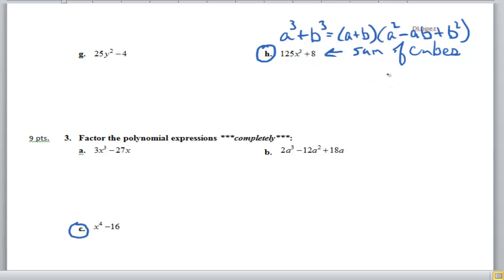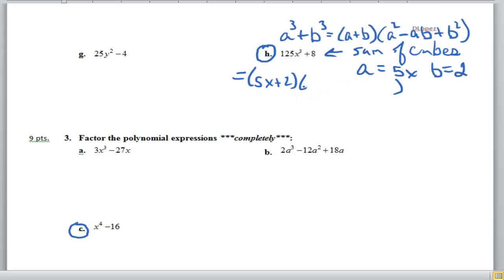So in this case, a is the cube root of 125x cubed, which is 5x, and b is the cube root of 8, which is going to be 2. So this thing is just going to factor into, there's the form a plus b, which is 5x plus 2, and then it's a squared minus ab plus b squared.